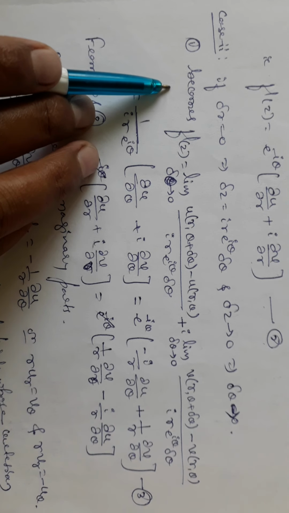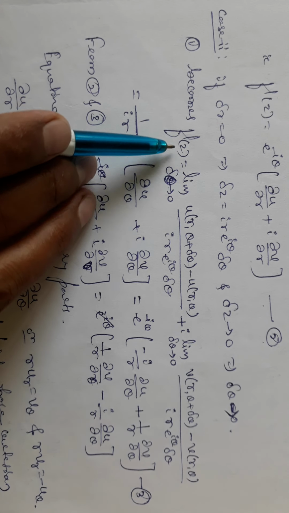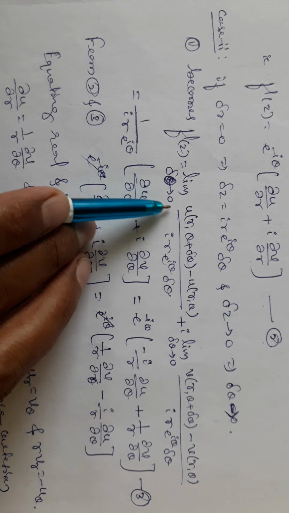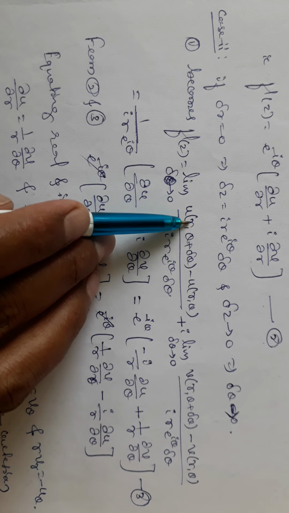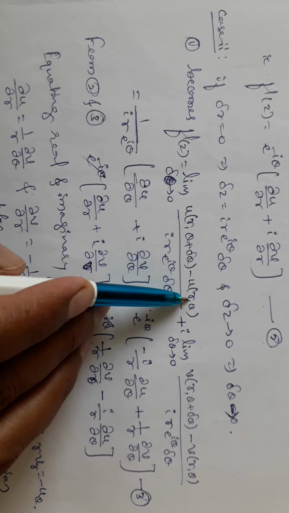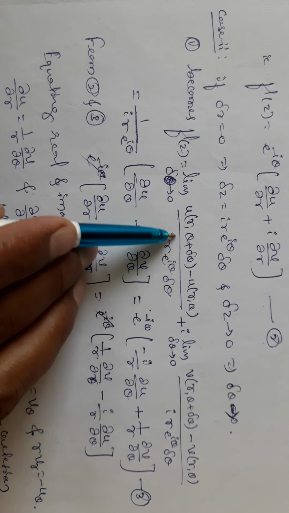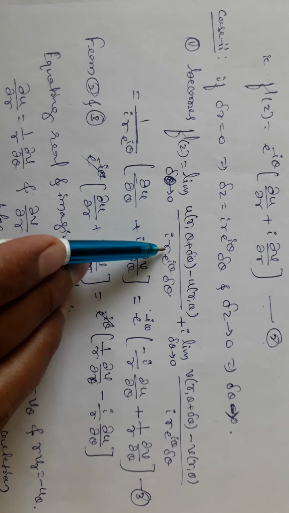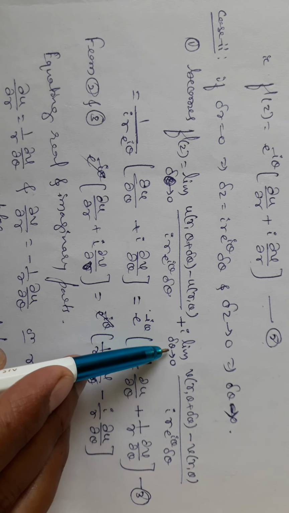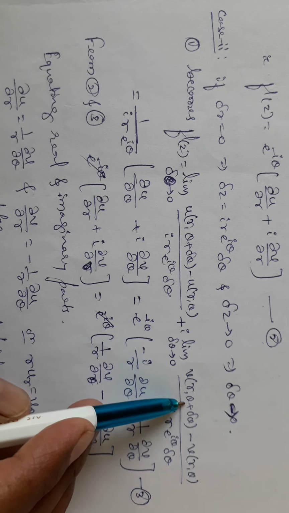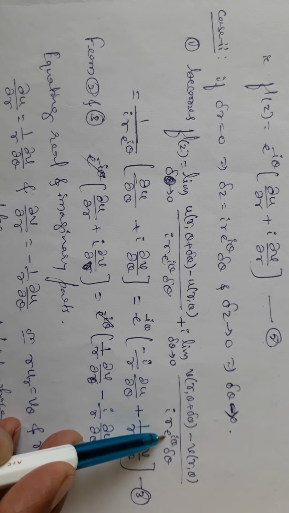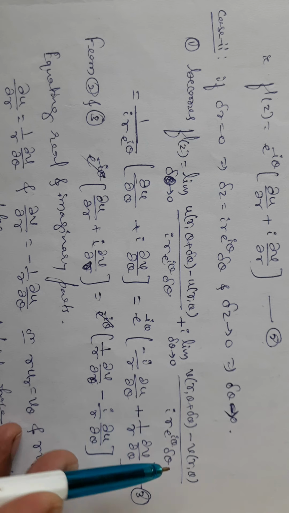Therefore, equation number 1 becomes f dash of z equal to limit delta theta tending to 0 of u of r comma theta plus delta theta minus u of r comma theta, divided by delta z, which is i into r into e to the power i theta into delta theta, plus i into limit delta theta tending to 0 of v of r comma theta plus delta theta minus v of r comma theta, divided by i into r e to the power i theta delta theta.